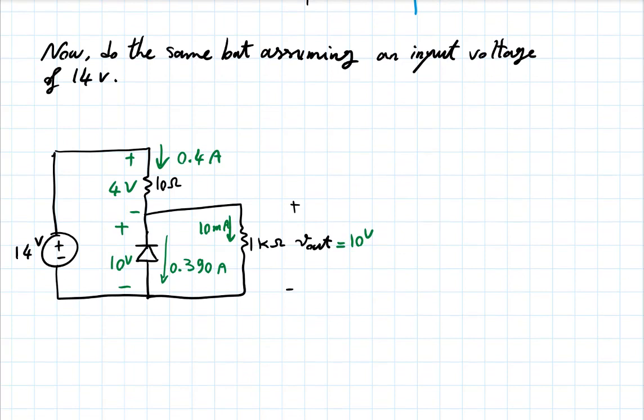And I found the consistent solution. Again, in the circuit, if I assumed that it was on, if it was forward, I'd have a 0.7. I would get the same contradiction that I got last time. So this circuit gave you the same exact output voltage, even though the input changed from 15 to 14 volts.